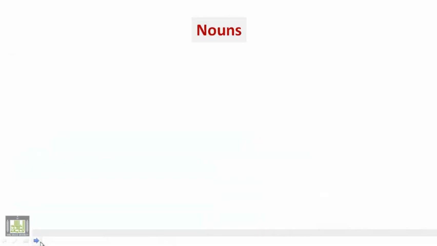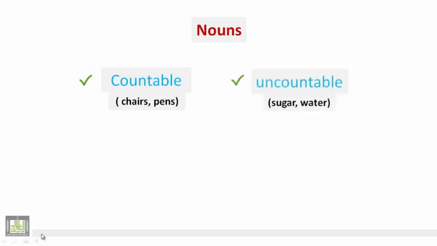First of all, we want to let the students know that nouns in English are divided into two main parts. الأسماء في اللغة الإنجليزية تقسم إلى قسمين. Number one is what we call countable nouns, الأسماء المعدودة, or sometimes we call it count nouns, and uncountable nouns, والأسماء غير المعدودة.